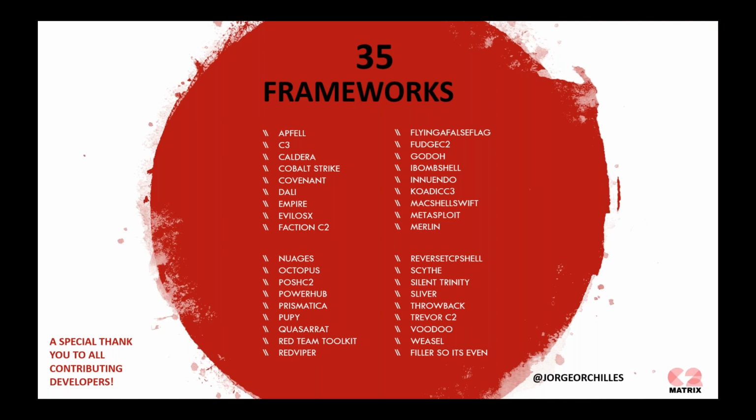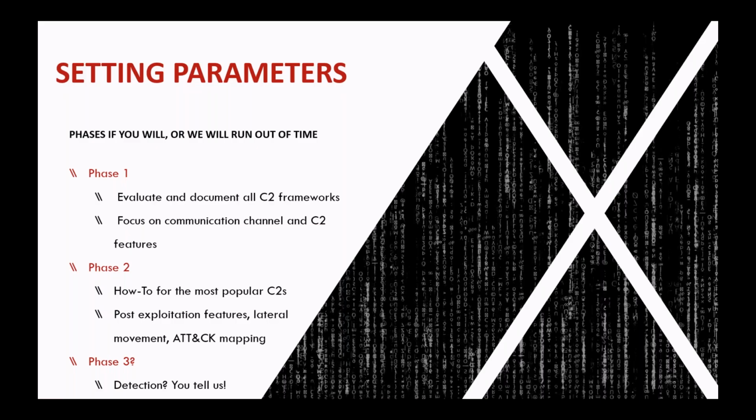So I had to set some parameters, or phases, if you will, or time was going to run out. I only had about 3 months to do this, and my talk had already been accepted. I couldn't just go and make stuff up. So I decided that I could only evaluate and document all the C2s and focus on the communication channel. Then phase 2 would be creating how-tos for the most popular C2s so other people can try them.